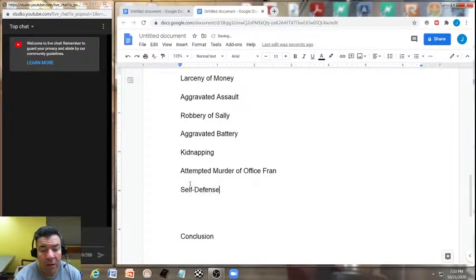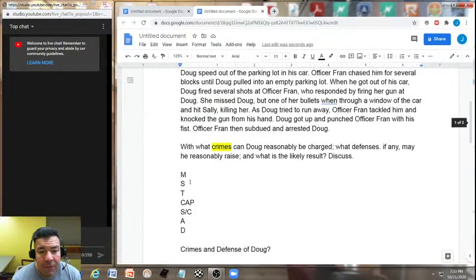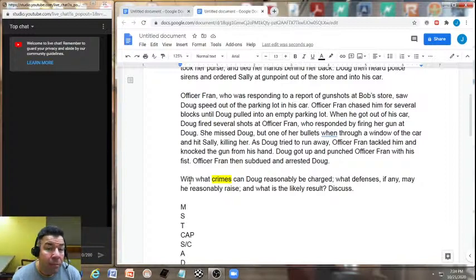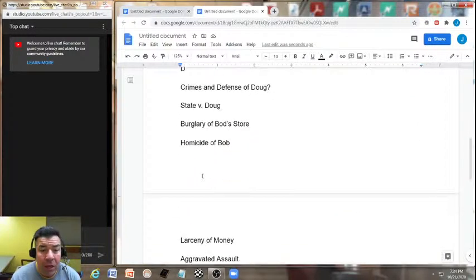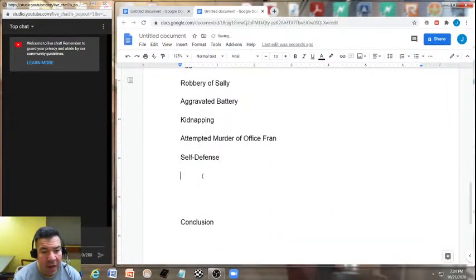This is what Doug might be seeing from his perspective, that Officer Fran firing at him might bring about the defense of self-defense, because Doug might be thinking that his life is imminently about to be taken by Officer Fran firing her gun at Doug. She missed Doug, but one of her bullets went through a window of the car and hit Sally, killing her. At this point, we should instantly be thinking, exactly right, homicide of Sally.